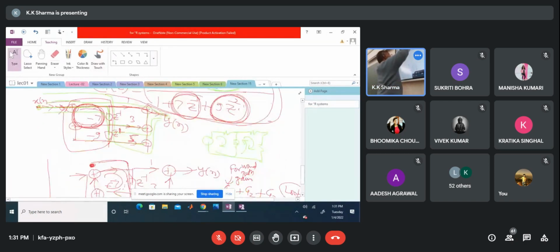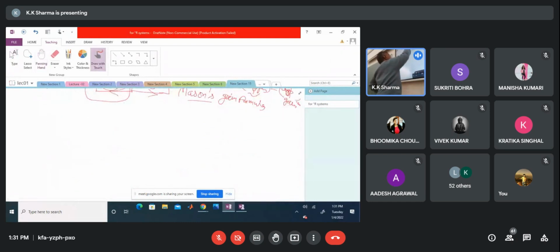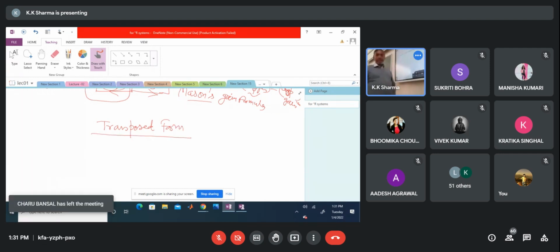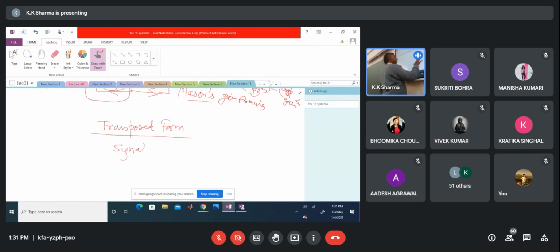Now, there is again modification of this, and that is called transposed structure or transposed form of the structure. This is again related with the signal flow graph theory.